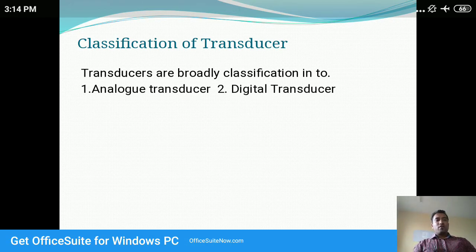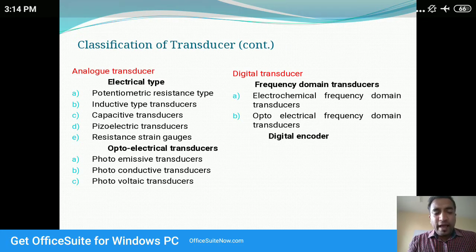Now, classification of transducers. They are broadly classified into two types: first is analog transducer and second is digital transducer. In analog, there are types like electrical type and optoelectrical transducer, and in digital transducer, frequency domain as well as digital encoder.